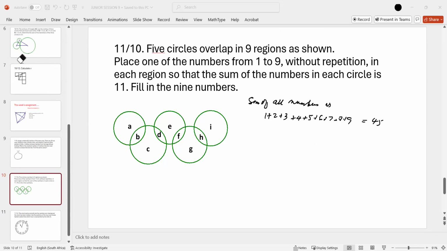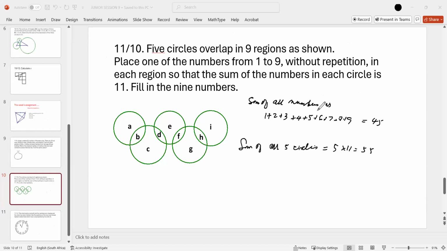So the sum of all the 5 circles is equal to 5 times 11. And that's 55. In other words, those 2 add up to 11, those 2 add up to 11, those 2 add up to 11. But don't worry about what's inside there: 11 plus 11 plus 11 plus 11 plus 11. You get 55, but that's more than 45.